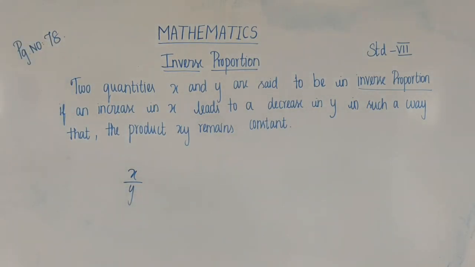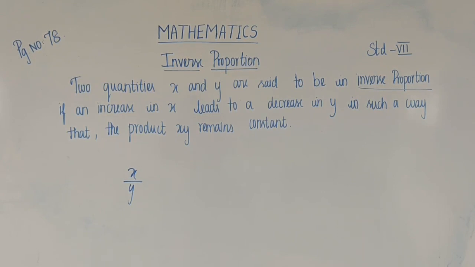This is called direct proportion. Simply put, when the numerator and denominator are both increasing or both decreasing, it is called direct proportion. Okay students, can you understand?